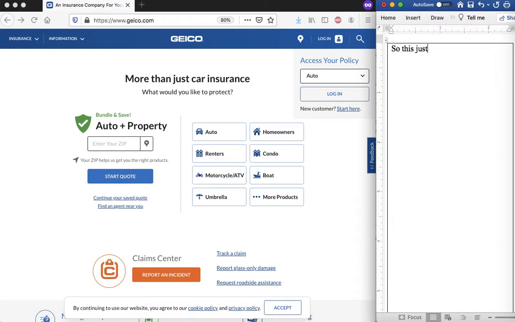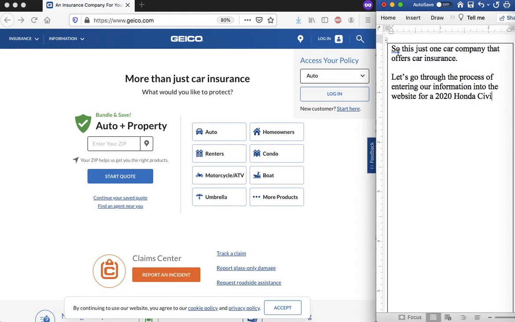So this is just one car company that offers car insurance. Let's go through the process of entering our information into the website for a 2020 Honda Civic LX sedan.